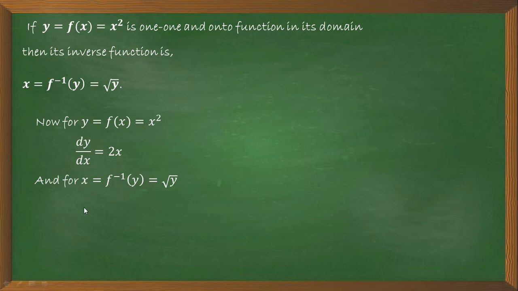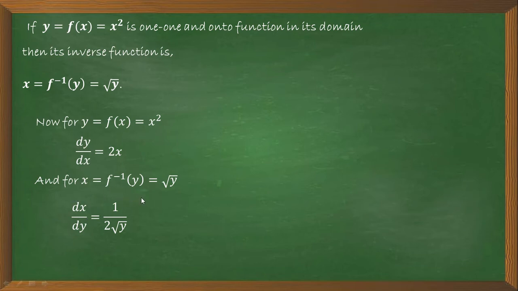So we have to find dx by dy, that is 1 upon 2 root y. See here, this is the derivative with respect to x, which is 2x, and this is the derivative with respect to y, which is 1 upon 2 root y. See carefully, dy by dx, and this is dx by dy.